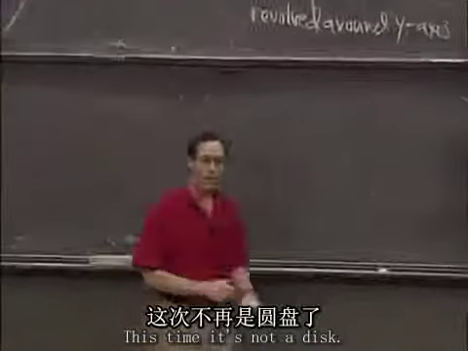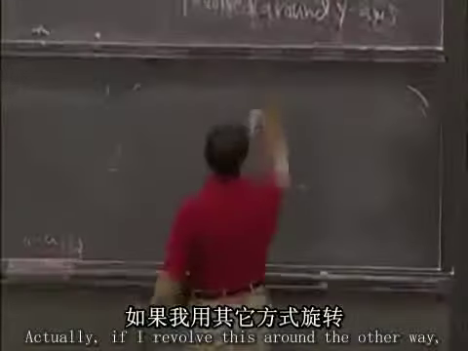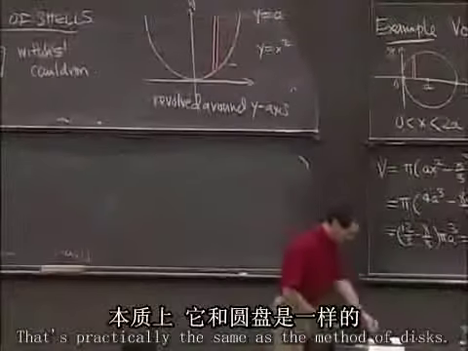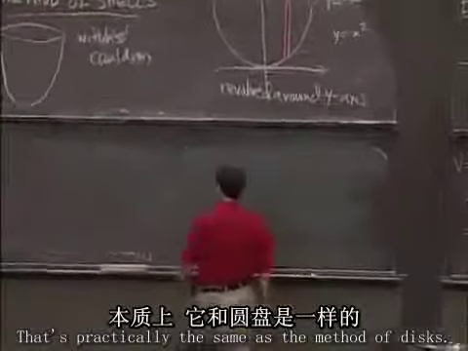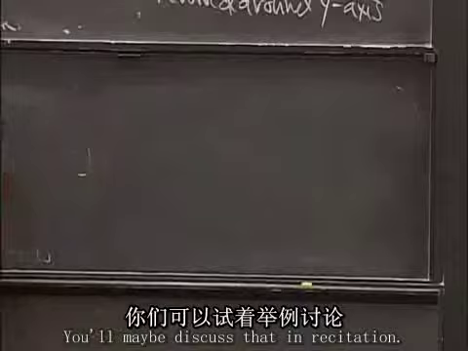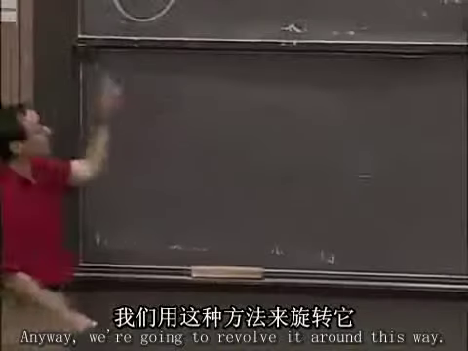This time, it's not a disk. Actually, if I revolved this around the other way, it would have had a hole in it, which is also possible to do. That's practically the same as the method of disks. You'll maybe discuss that in recitation. Anyway, we're going to revolve it around this way.